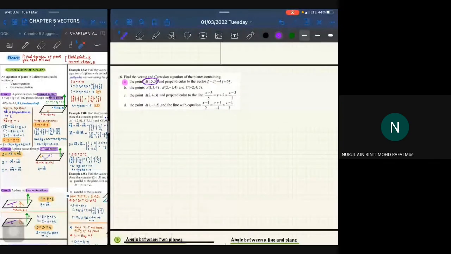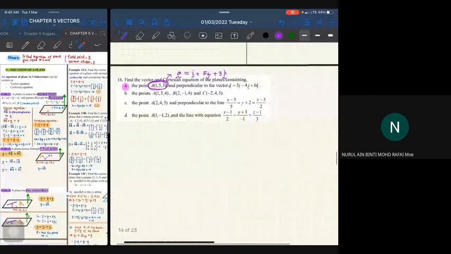This is going to be our fixed point, which is A. A kita dalam bentuk direction vector, it is I plus 5J plus 3K. Okay, and then it's perpendicular to the vector D equal to 3I minus 4J plus 6K.